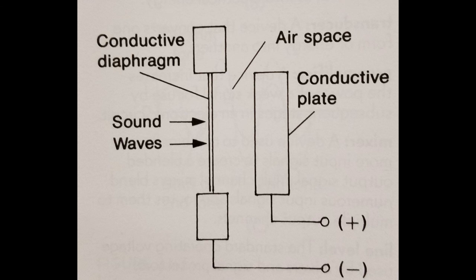The condenser microphone has really good frequency response and dynamic range, where the dynamic range is basically the sensitivity to changes in loudness, the ratio between the largest and smallest intensity levels of sound. Condenser mics, however, require a power supply.